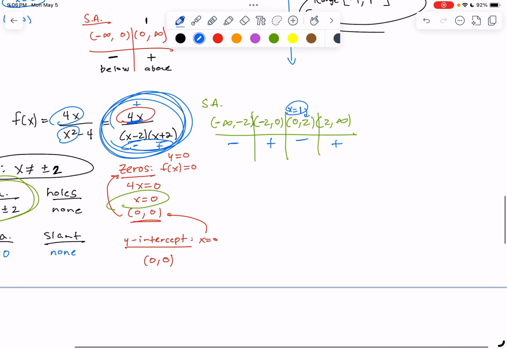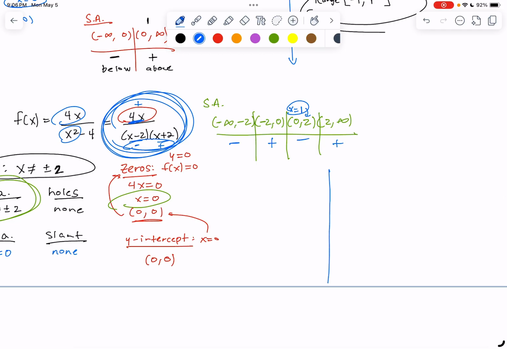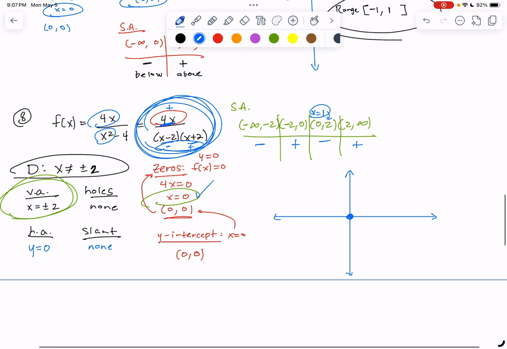All right. So now what we're going to do, we're going to graph. The easiest way to graph this, okay, is plot your point, 0, 0. Okay, done. Plotted that. Same thing as the y-intercept. Horizontal asymptote, y equals 0, so there's nothing special there. That's just the x-axis serving as the horizontal asymptote.